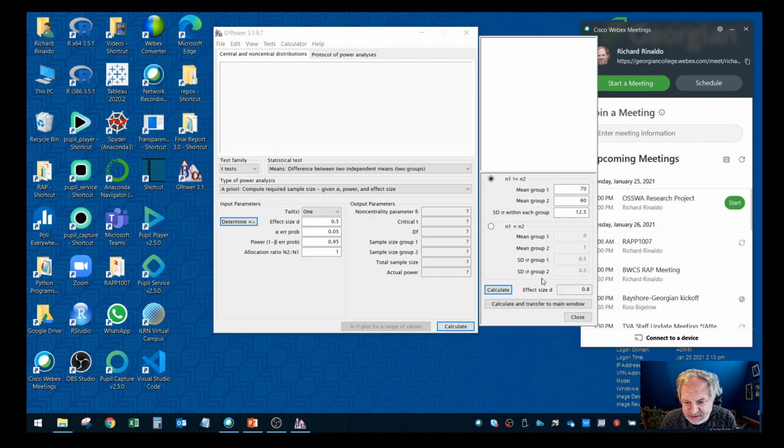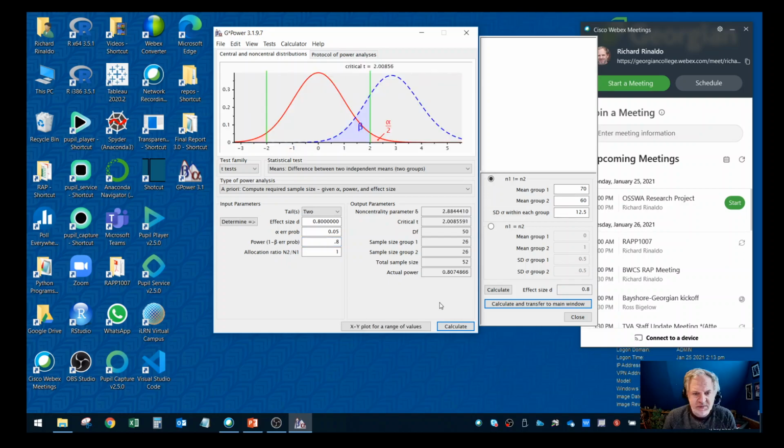And I want my power to be 0.8 to replicate Cohen. And it's a two-tailed test with 0.05. And then I calculate. There. So there for my t-test.